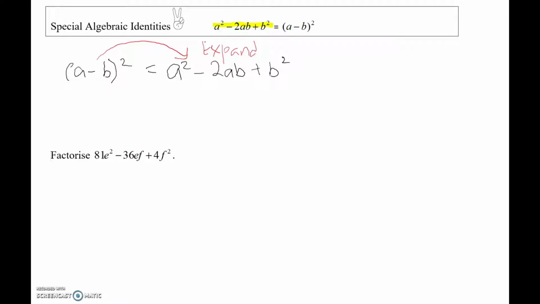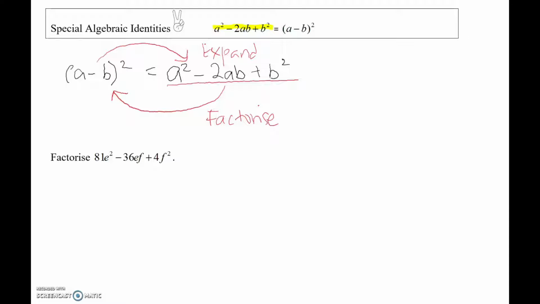And since we know expansion is the reverse of factorization, we can actually factorize a square minus 2ab plus b square using the same algebraic identity, and this will give us (a minus b) whole bracket square.